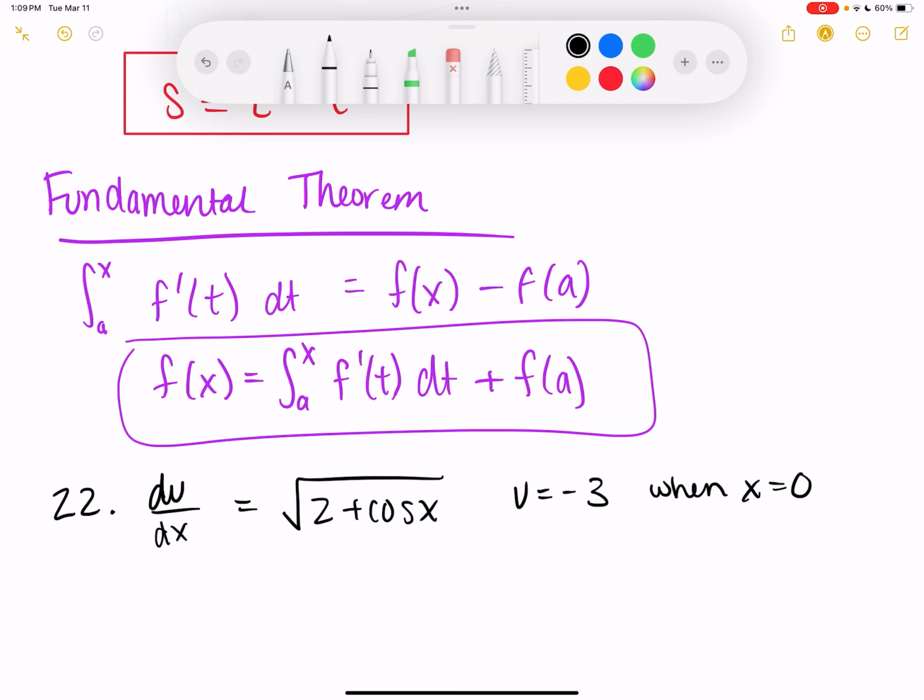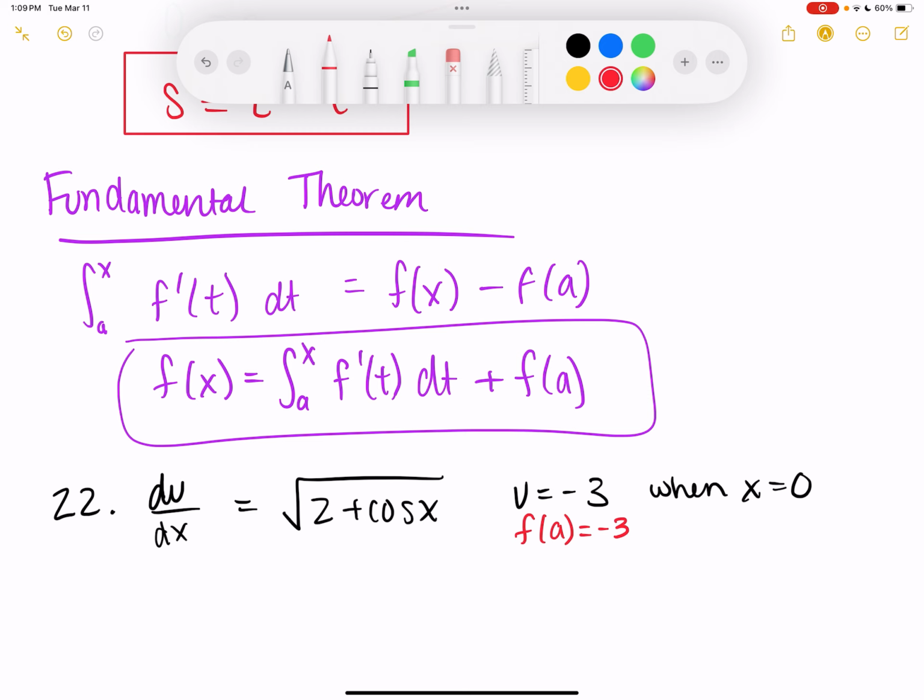Whatever this u value is, because that's what we're taking it with respect to, is f of a. So f of a equals -3 here. If it was dy dx, then whatever the y value is would be f of a.